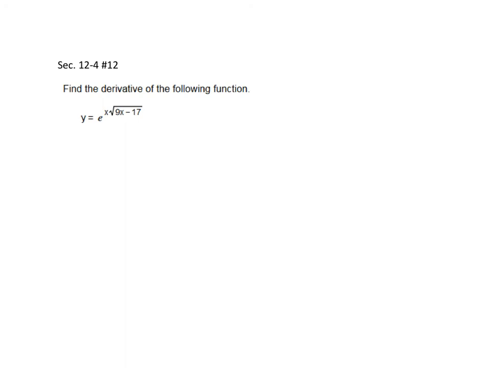Our problem comes from the fact that the power in this case happens itself to be a function. And chain rule tells us that we will first multiply out the derivative of the function, that is the power, and then multiply it times the derivative of e to the power. So we're going to take this step by step.